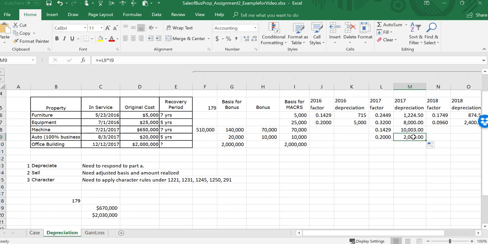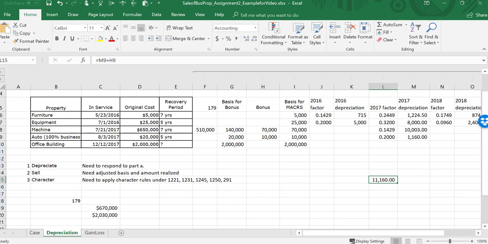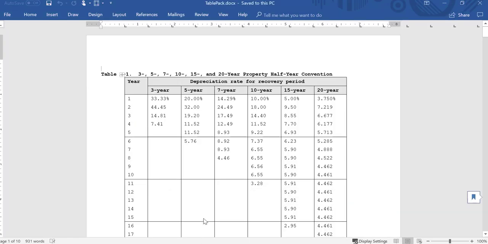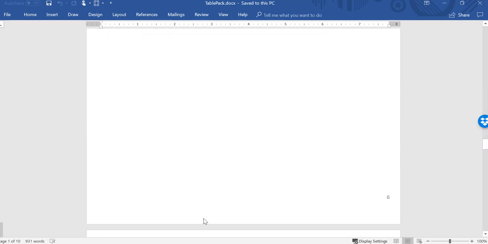That puts us over the limit. As a result, we have to bring that back down. I got one too many ones in there. There we go. So that our total, just to make sure, is the annual limit amount. There we go. So we can confirm that by looking in our table pack. We'll scroll down, down, down, looking for 2017.